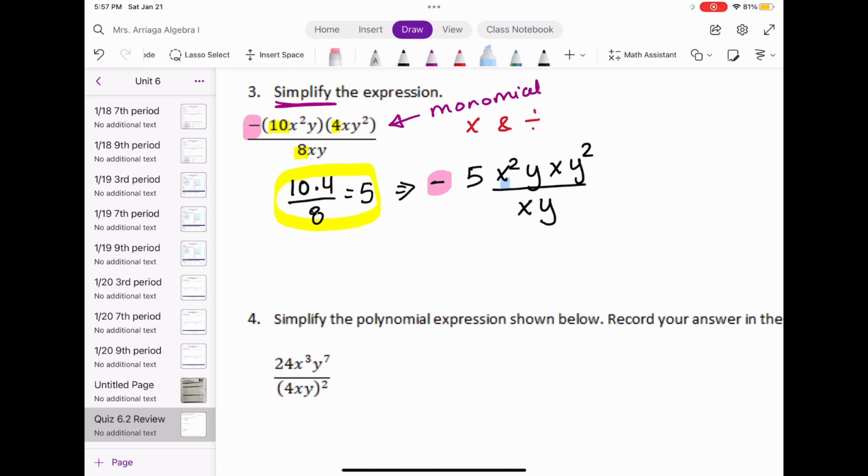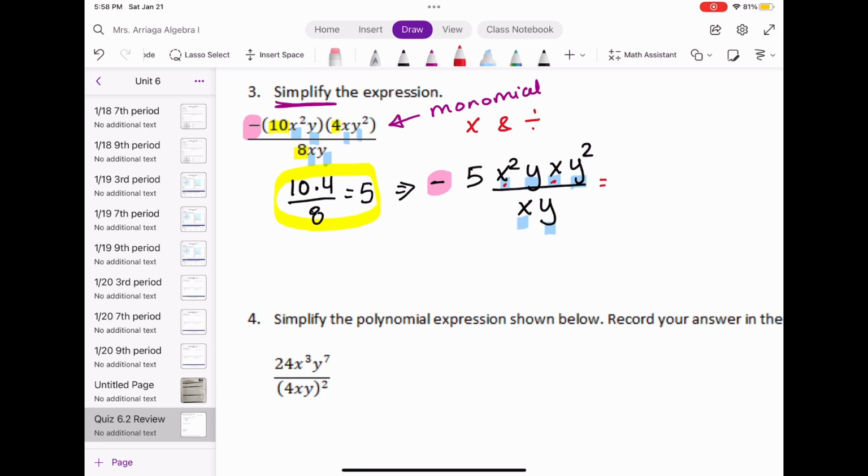So x squared, y, x, y squared, denominator x, and y. Okay, let's keep simplifying. From here on, you can either multiply the x's on top or divide the x on top with the bottom. You can choose whatever you want to do.